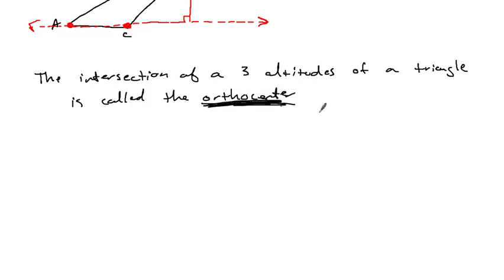So orthocenter, okay? It is where all the perpendicular altitudes intersect. When you get into something called vectors one day in your math life, you'll learn about something called orthogonal, and you know, it all kind of ties together, and hopefully you'll see this ortho stuff again.